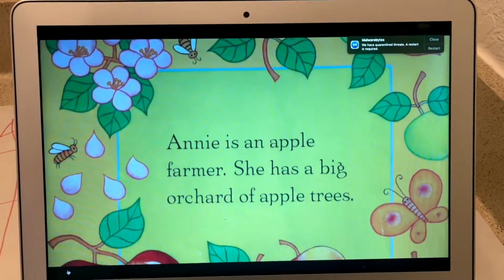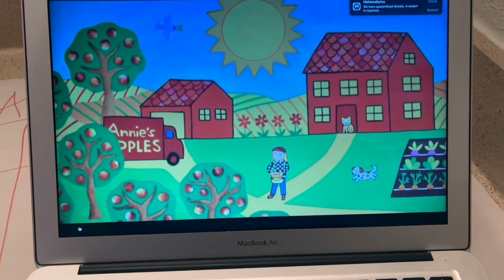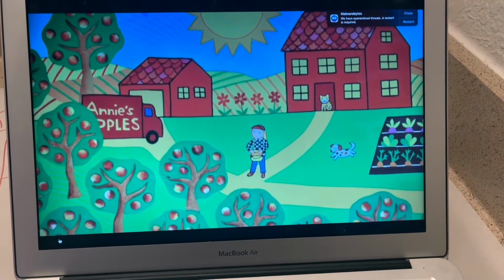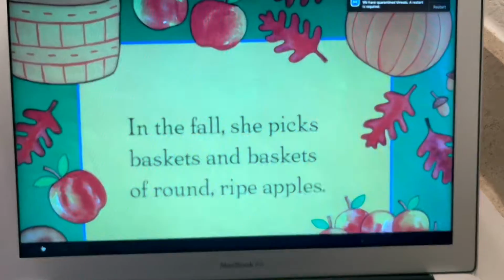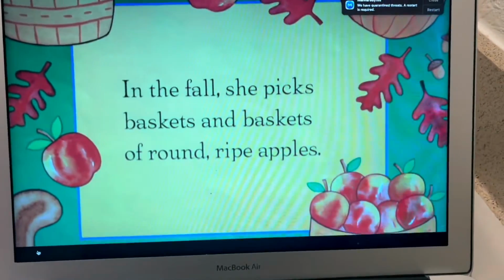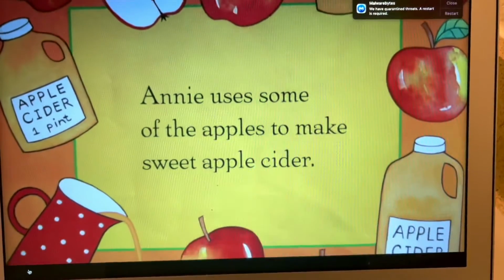Annie is an apple farmer. She has a big orchard of apple trees. In the fall, she picks baskets and baskets of round, ripe apples. She uses some of the apples to make sweet apple cider.